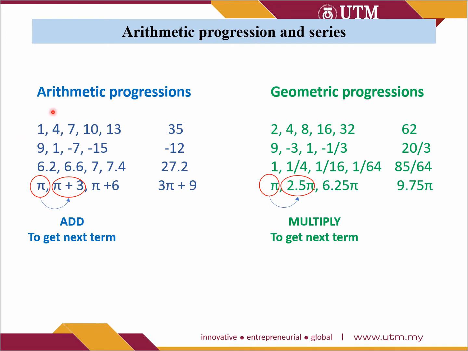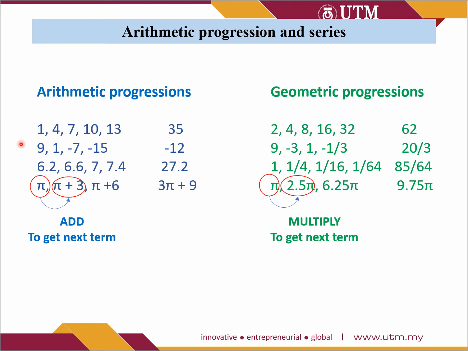In order to get the next term, we need to add a certain value. For example here, we need to add 3 to get the second term. So 1 plus 3, we get 4, and then 4 plus 3, we get 7, 7 plus 3 equals 10, and then 10 plus 3 will be 13.